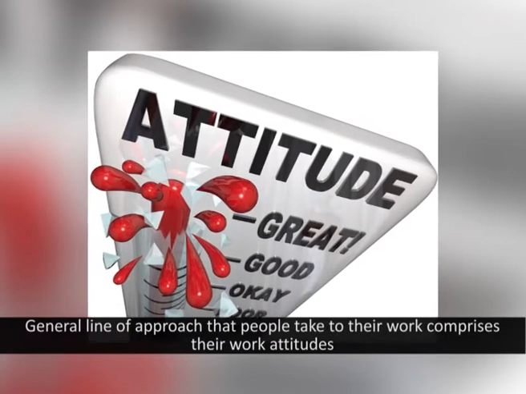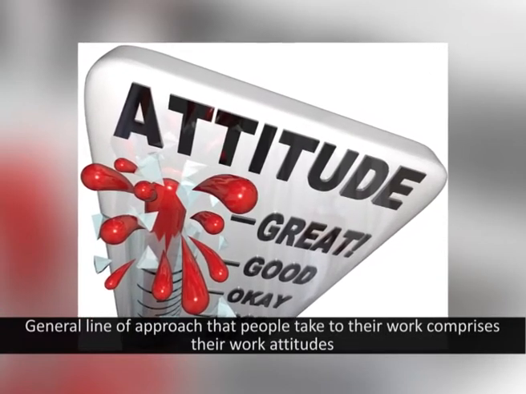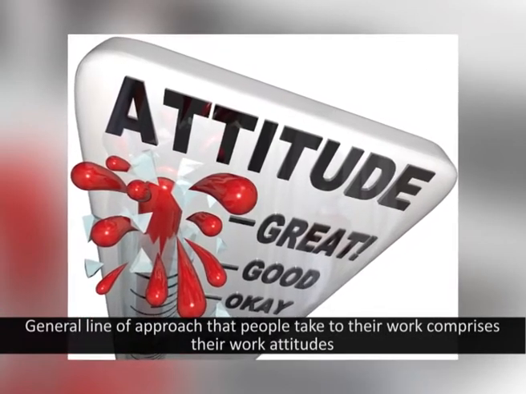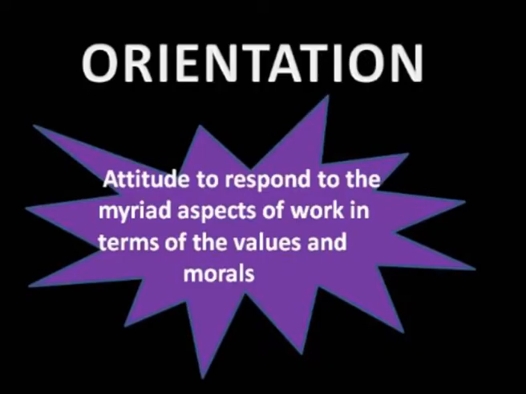Work attitudes. The general line of attack or approach that people take to their work comprises their work attitudes. Contextually speaking, the term orientation means much the same as an attitude, or a readiness to respond and react to the myriad aspects of work in terms of the values and morals held.